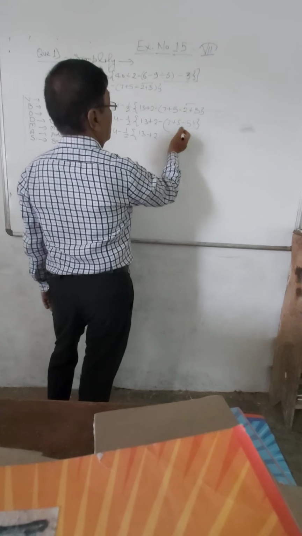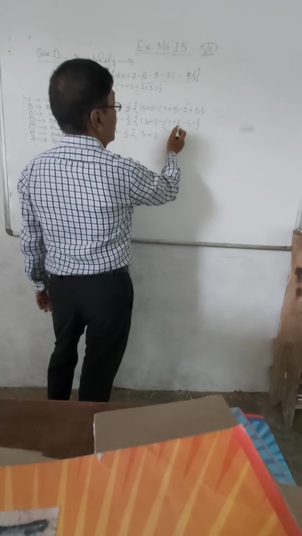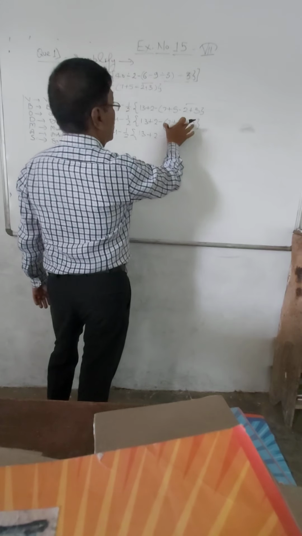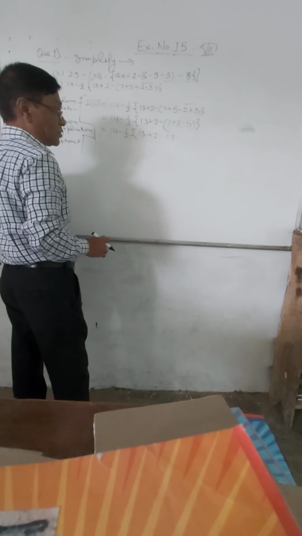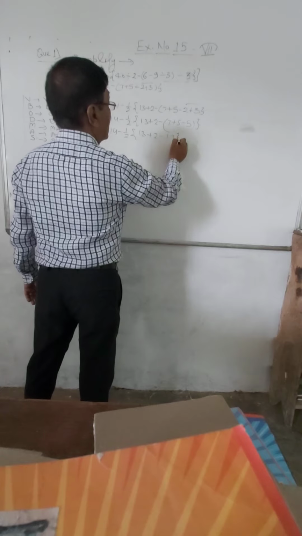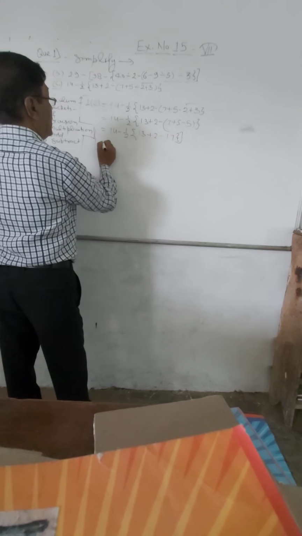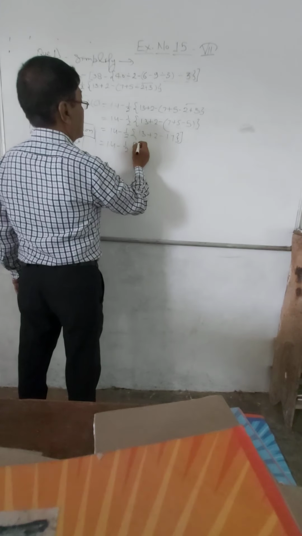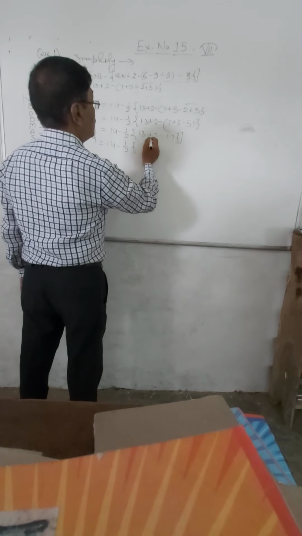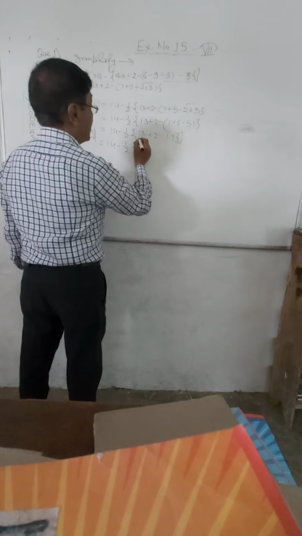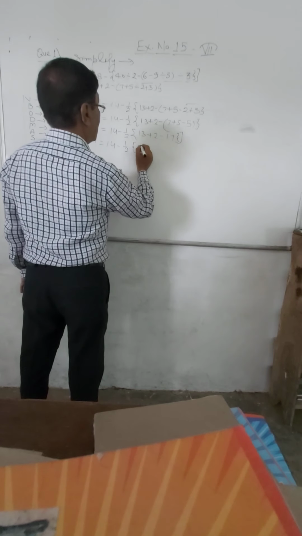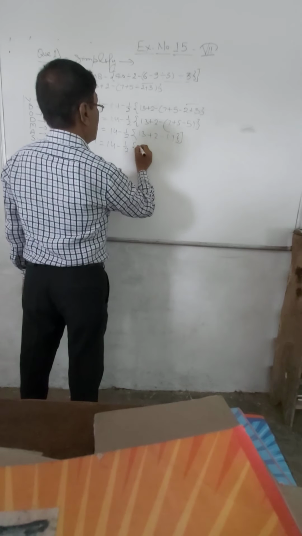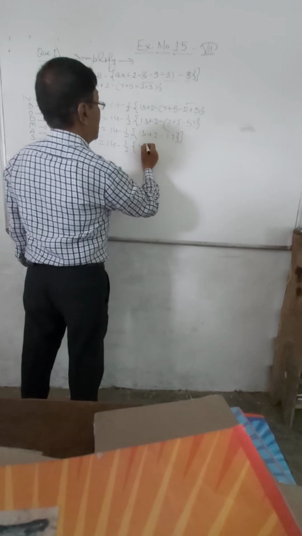Now solve this. 7 plus 5, 12. 12 minus 5, 7. So it will come 7. Now this small bracket is solved. Now only curly bracket and big bracket are remaining. So 14 minus half, 13 plus 2, 15 minus 7. So it will come 8.